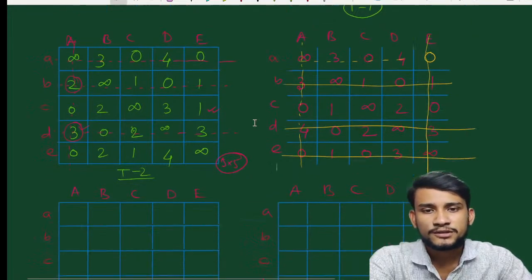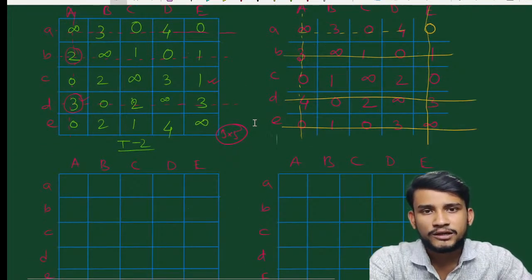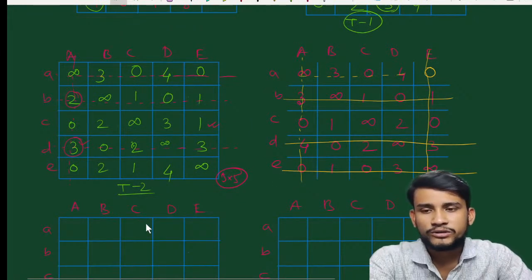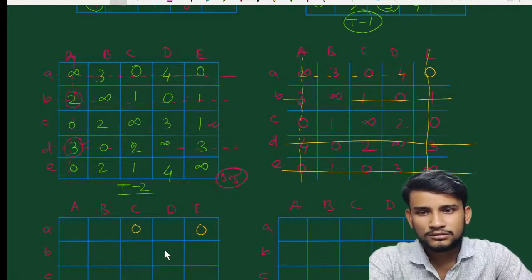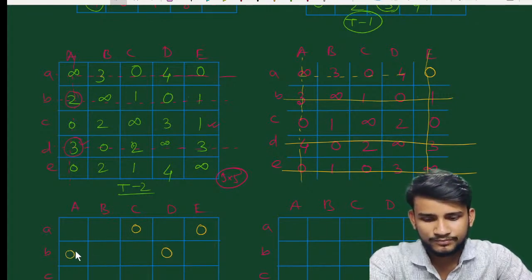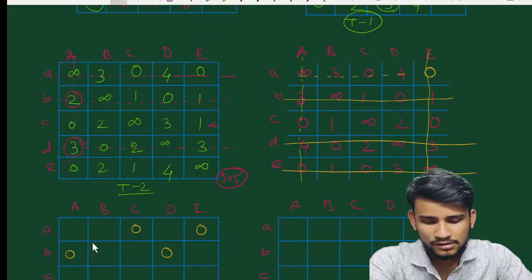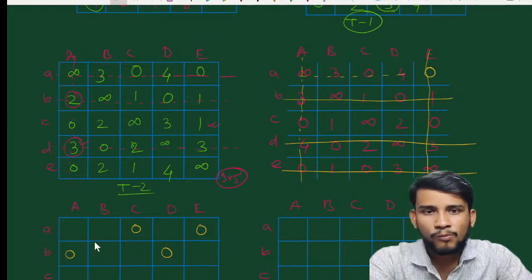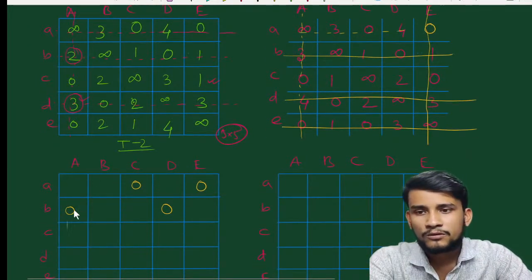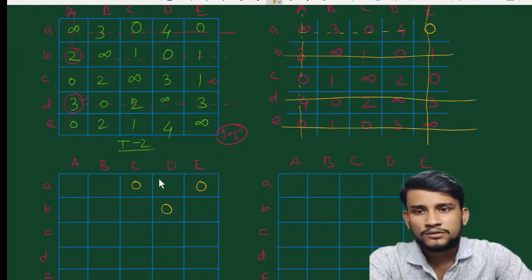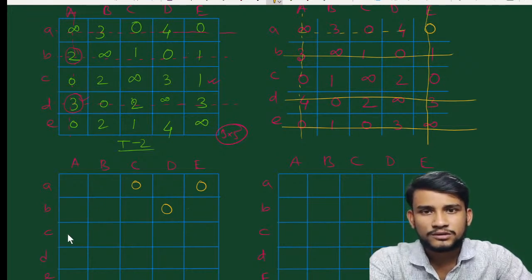Now we find the assignments. Okay, so we write only the zeros. Okay, so 0, this is 0, this is 0, sorry, this is not 0. 0 0 0, in here 0, I think, yes.